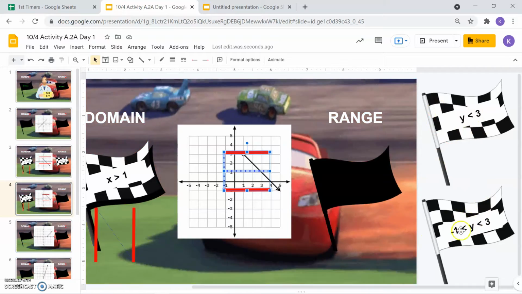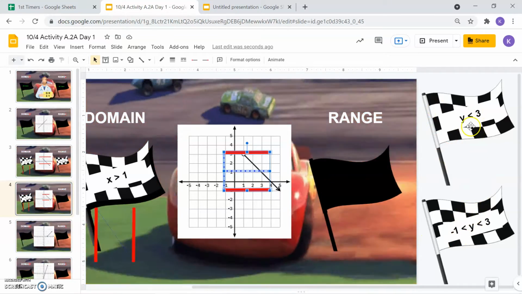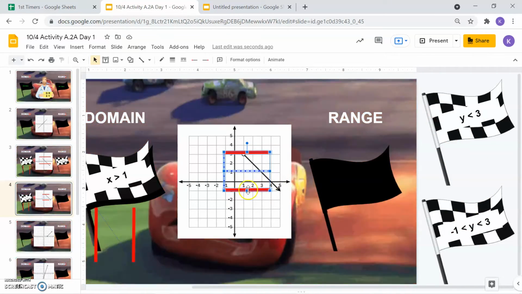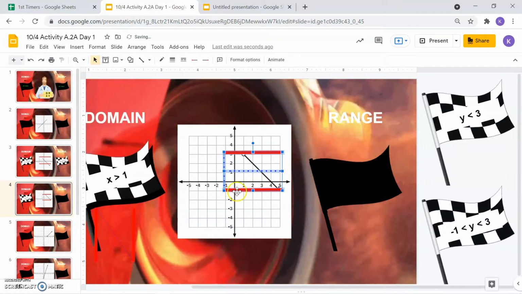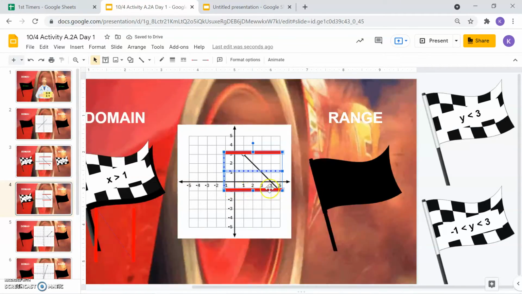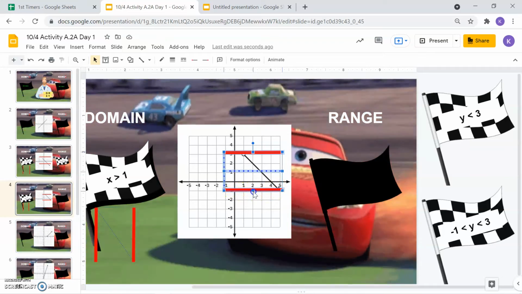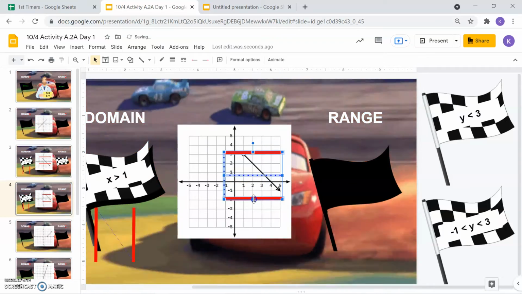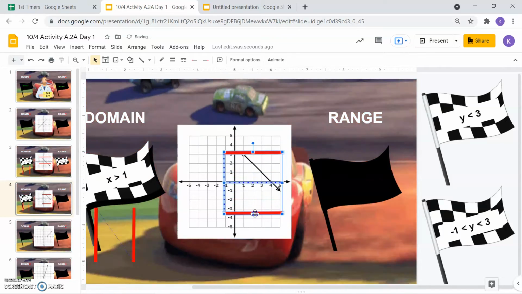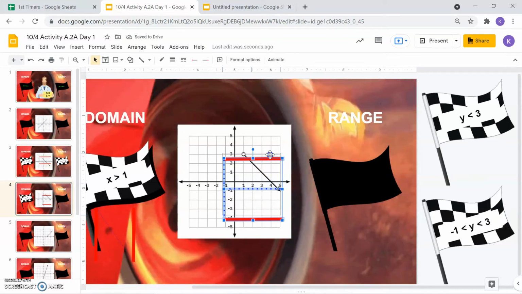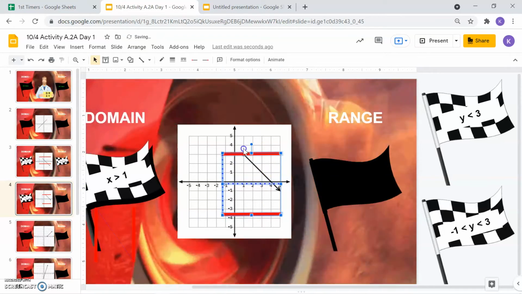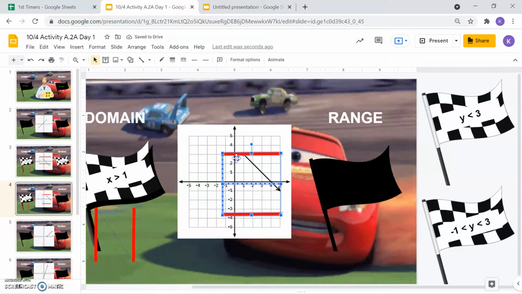Oops, they both have 3's. So where does it start? Well, it starts right here at -1, but does it actually start there? Well, I see an arrow. Arrow meaning that it's going to keep on pushing it forever and ever. And we don't know where it's going to actually start, but we know that it's going to end at 3.